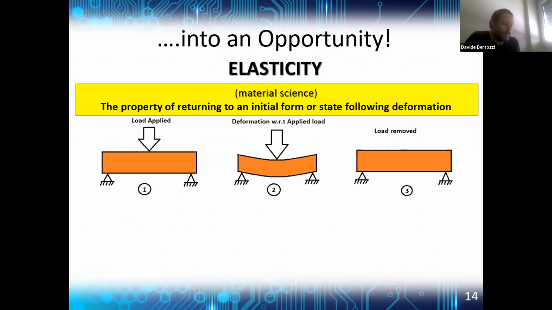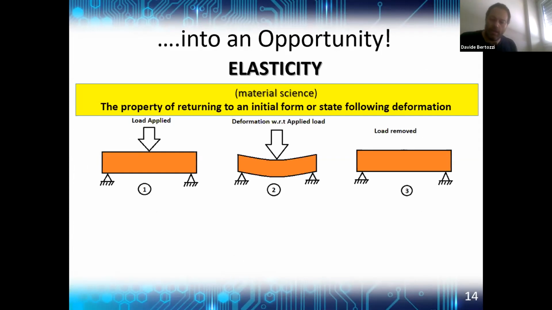Well, a way to change the uncertainty and dynamism of a computing environment into an opportunity is through the concept of elastic computing. The term elasticity comes from material science.